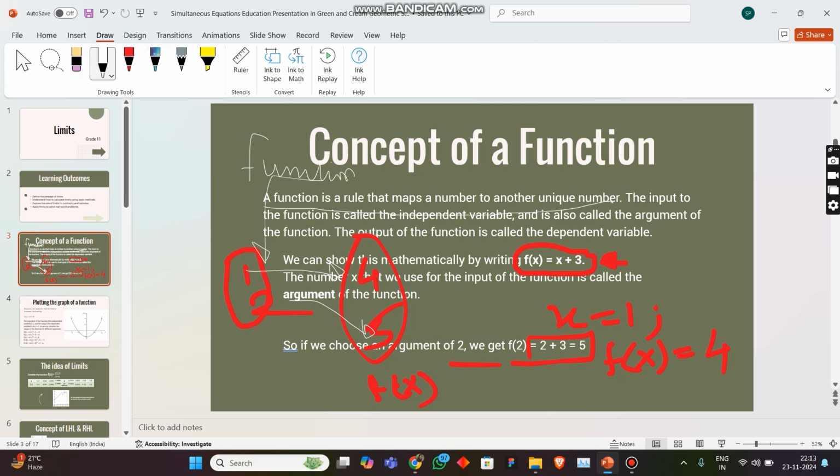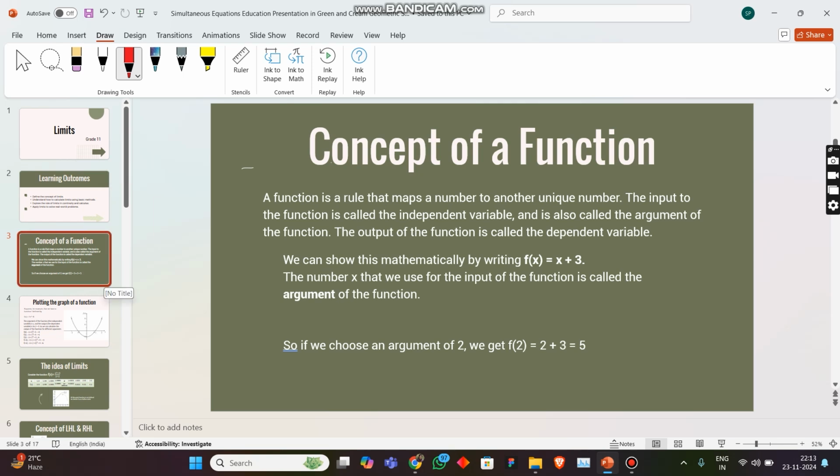The x in this function, which we are providing, like if x equals 1, if x equals 2, is an independent variable.